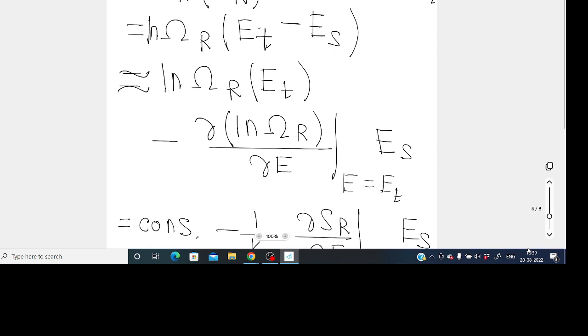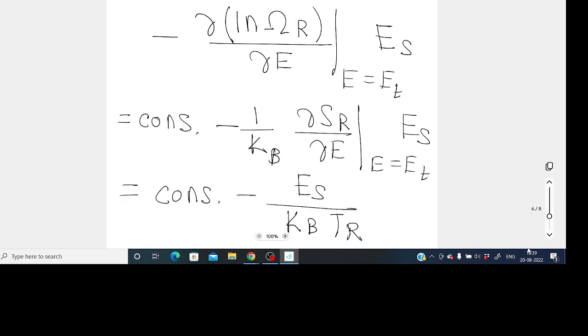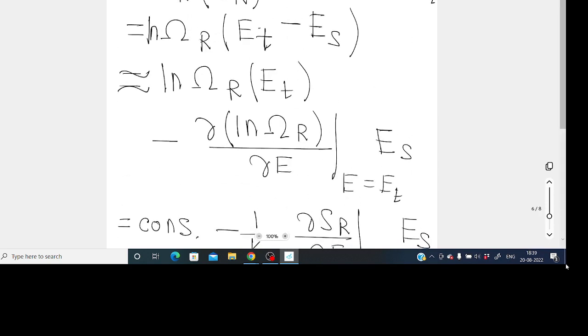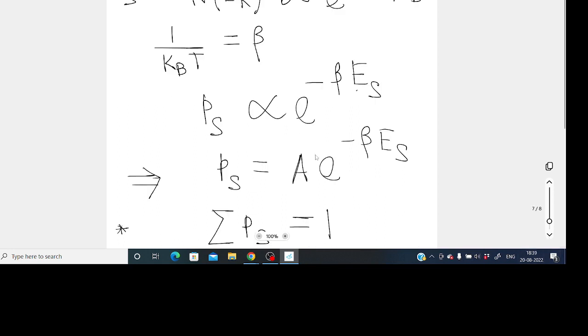So we are neglecting the higher order terms, and here I have written this in terms of the temperature of the reservoir because you know that log of omega is equal to 1 by k_B times S, and del S del E is equal to 1 over T. So I am writing it like this, and so we have omega R as a function of E_R proportional to e to the power minus E_S by k_B T.